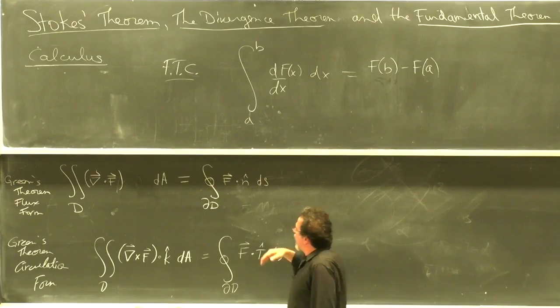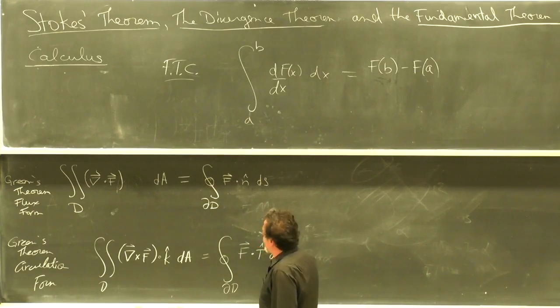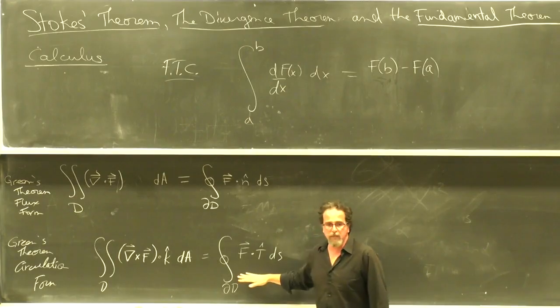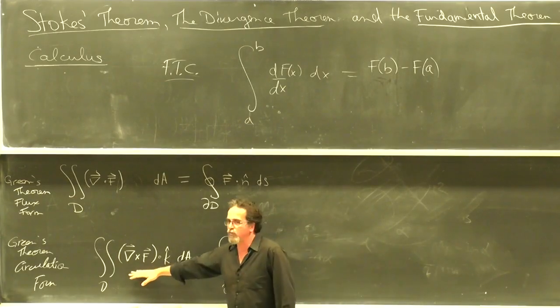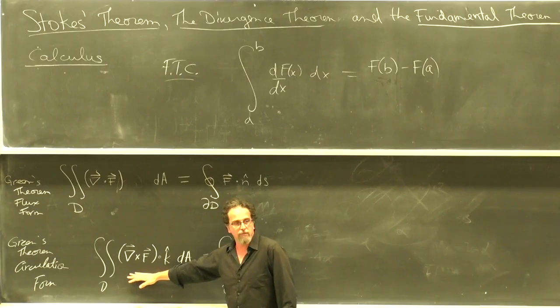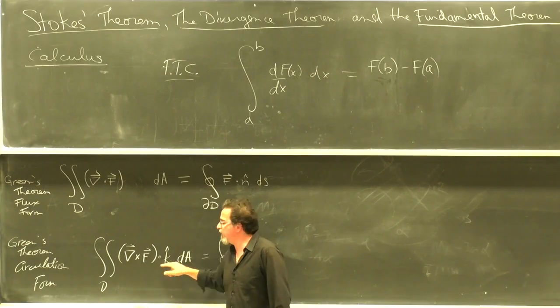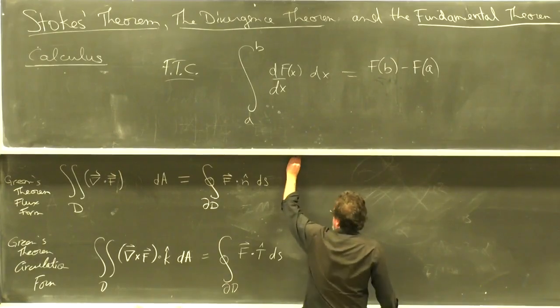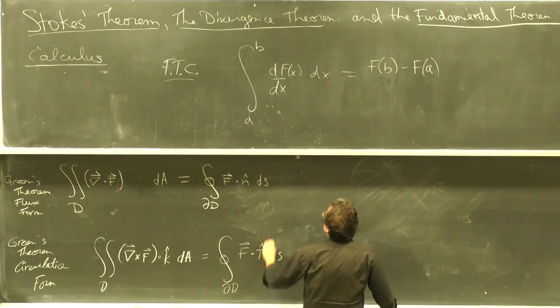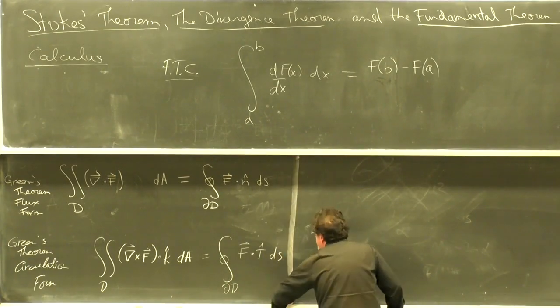Okay? We noted that what we mean here is the net counterclockwise circulation if we use the right-hand rule. And I've always written it as curl of f dot k hat dA. Okay? Those are the basic theorems that we've learned thus far.